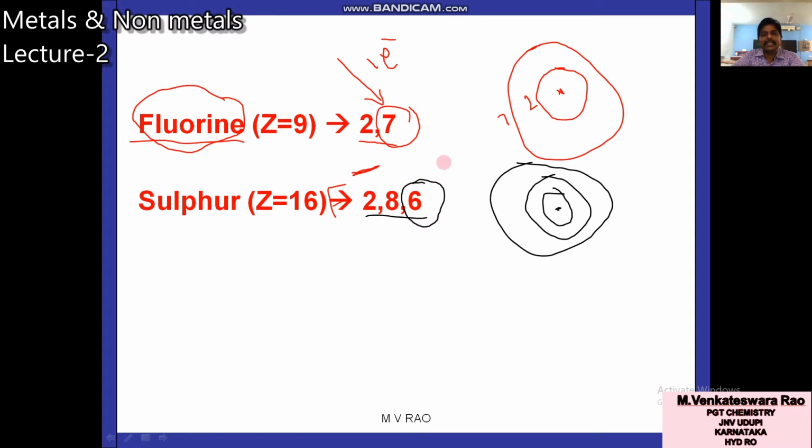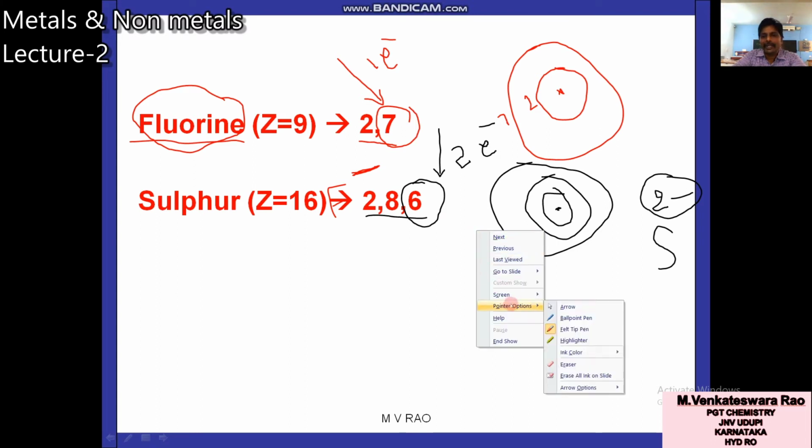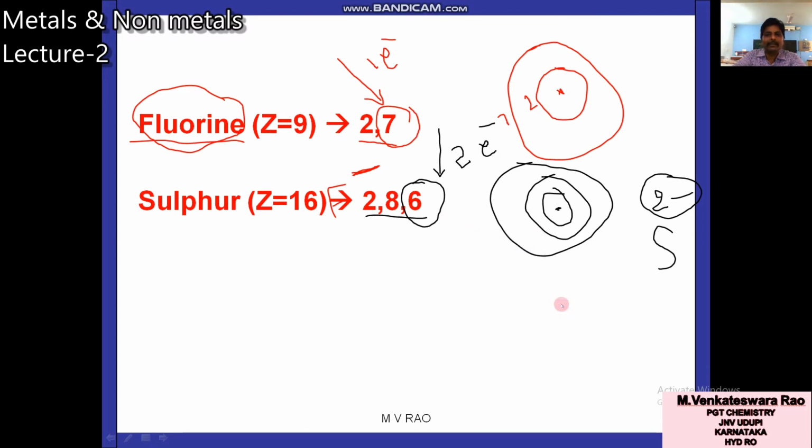Only if the valence shell contains 8 electrons is it stable, so it still needs 2 electrons. It has a tendency to gain 2 electrons. After gaining 2 electrons, sulfur will become S2 minus. So it acquires negative charge. That's why these are called electronegative elements.